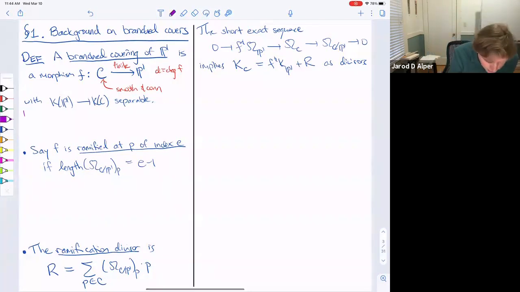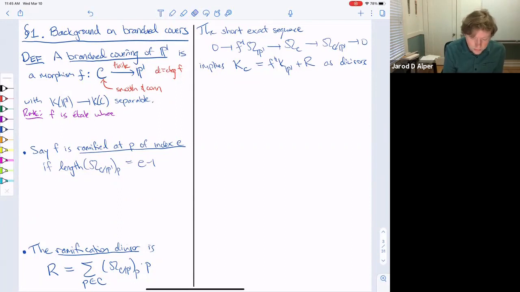And maybe the first remark is that this map f is ramified precisely at points P where the relative sheaf of differentials does not vanish.